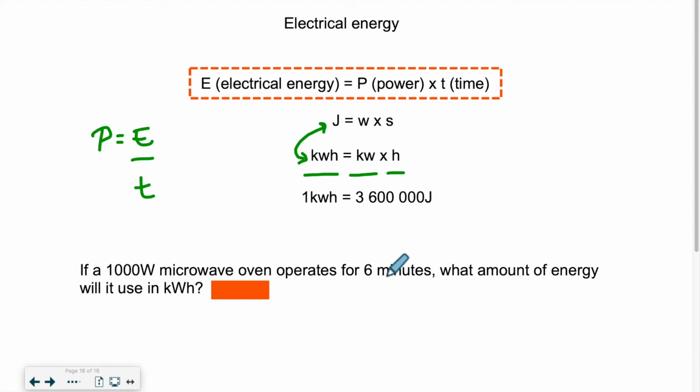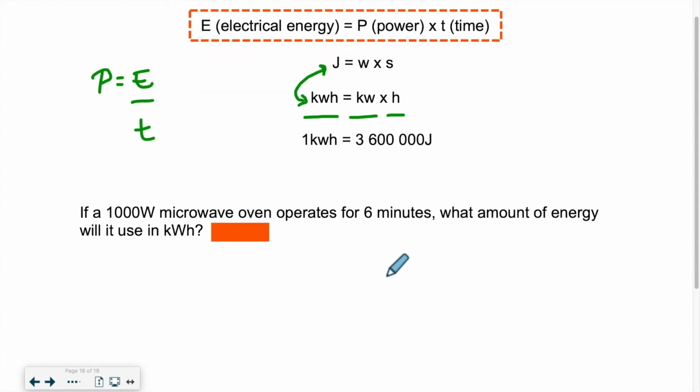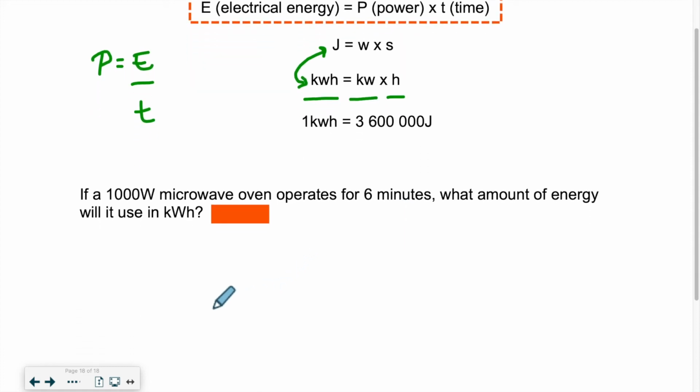So let's take a look at a question. If a 1,000 watt microwave, same question, operates for 6 minutes, what amount of energy will it use in kilowatt hour? So my power is 1,000 watts. First of all, I want energy, so energy is equal to P times T. I need my power to be in kilowatts, so this has to be converted to kilowatts. How do I go from watts to kilowatts? I divide by 1,000. So I'll have 1 kilowatt times, now I need the time in hours.